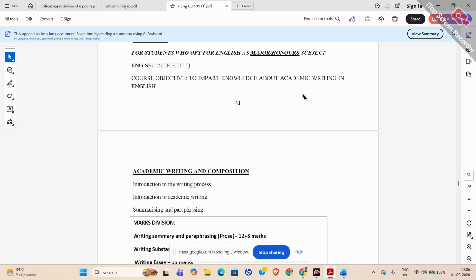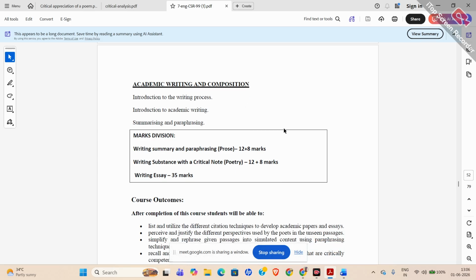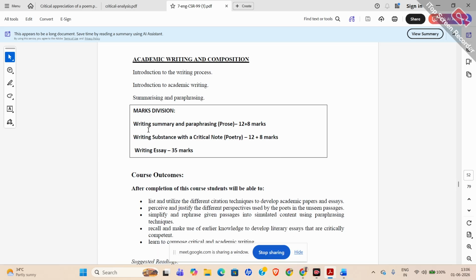So academic writing in English has academic writing and composition, introduction to the writing process, introduction to academic writing, summarizing and paraphrasing. The marks division would be like this: writing summary and paraphrasing prose, 12 plus 8 marks; writing substance with a critical note, poetry, 12 plus 8 marks; and writing essay, 35 marks.